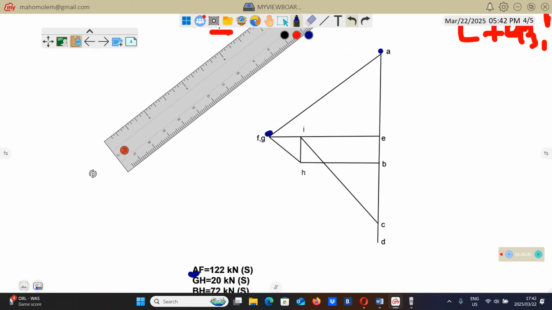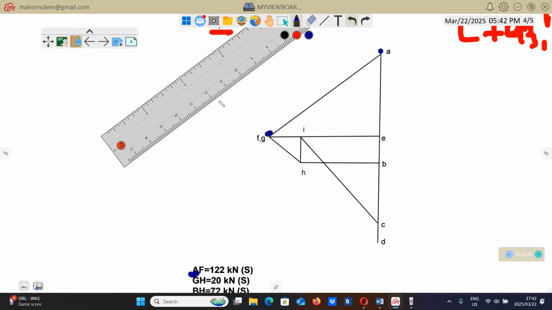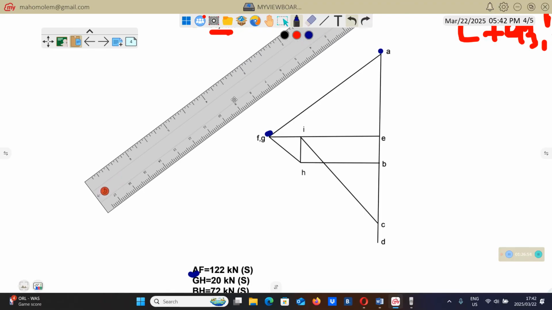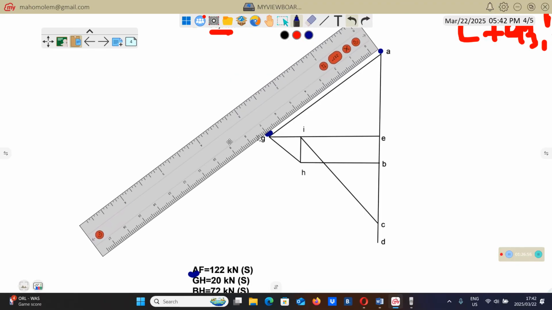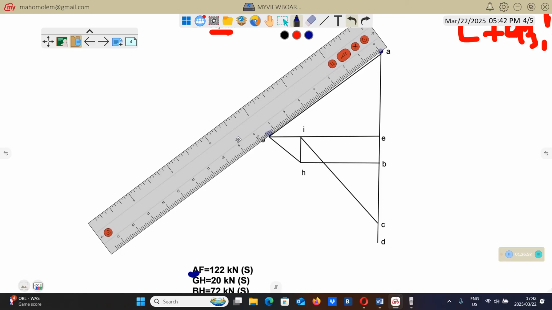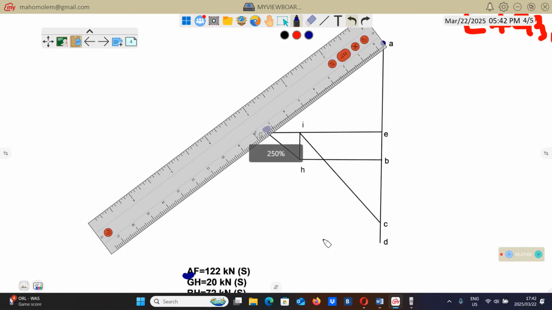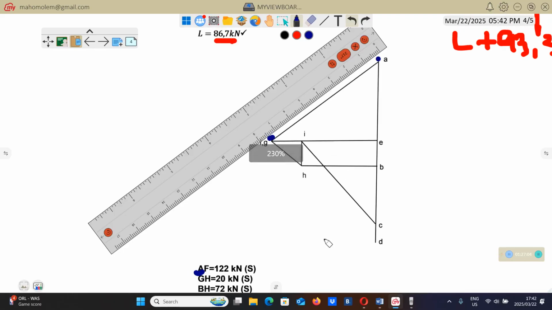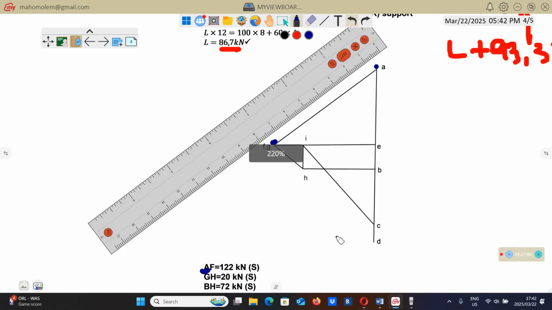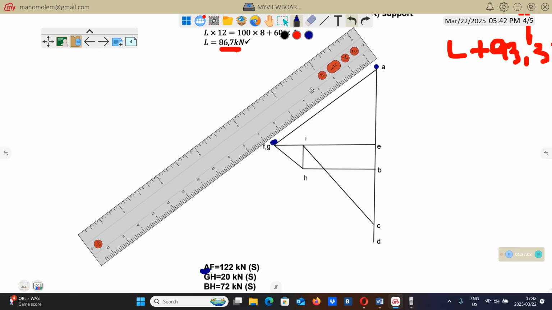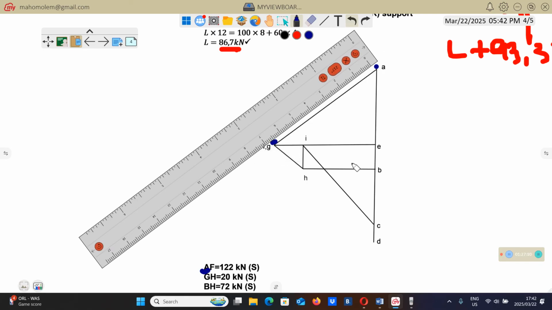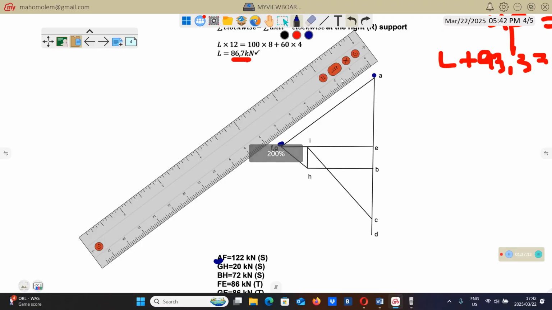You must move your ruler to exactly the angle of this, then measure like this. So you should get roughly 6, maybe 6.1.